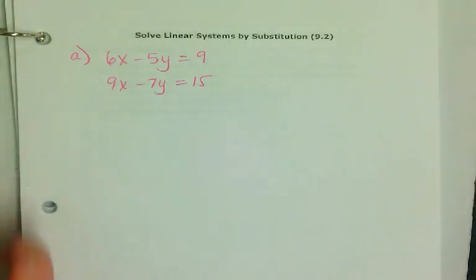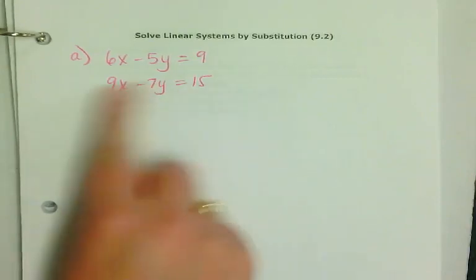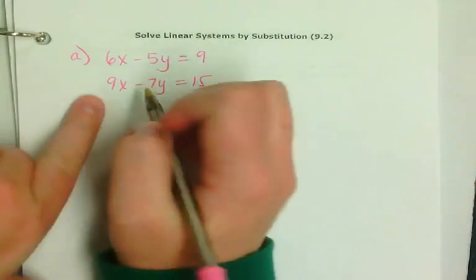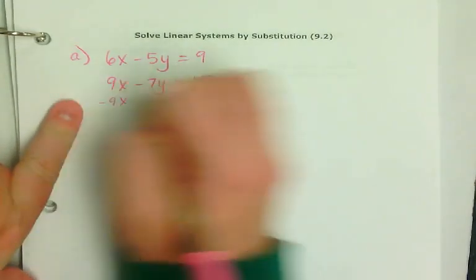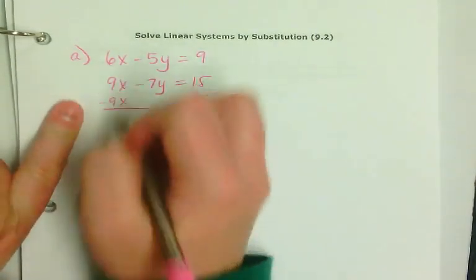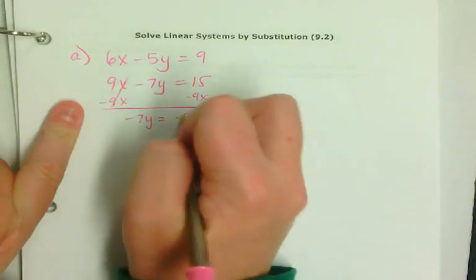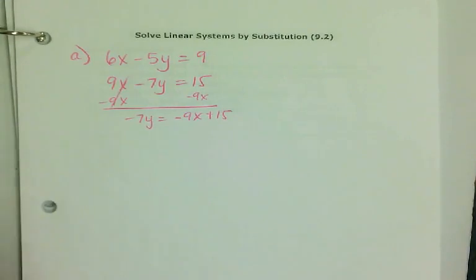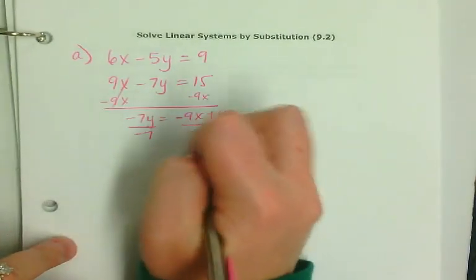So what we're going to do is take this bottom equation and solve it for y. Okay? So if I was going to solve for y, I would subtract 9x on both sides. And then I would divide by -7.